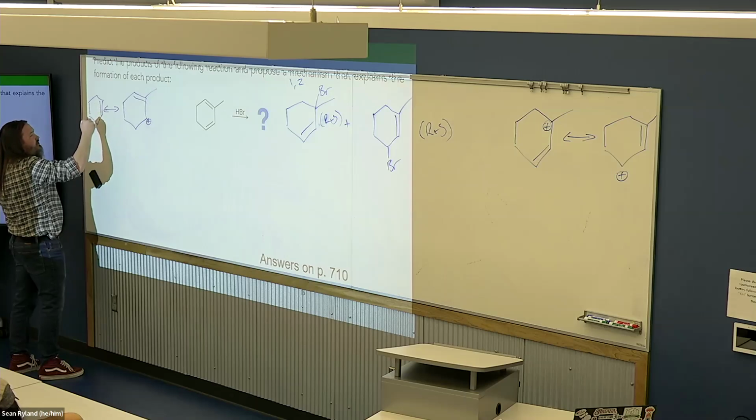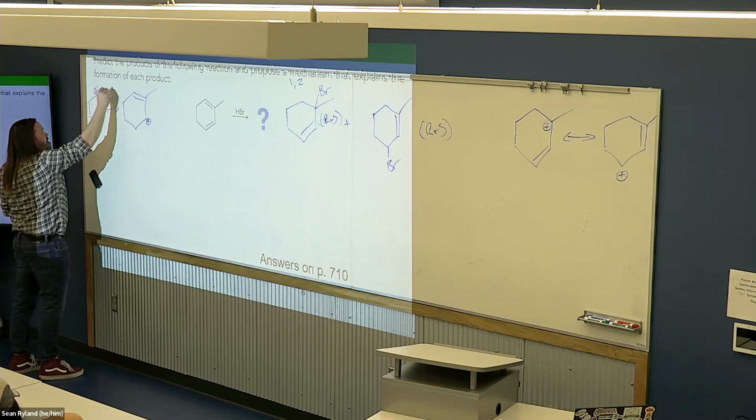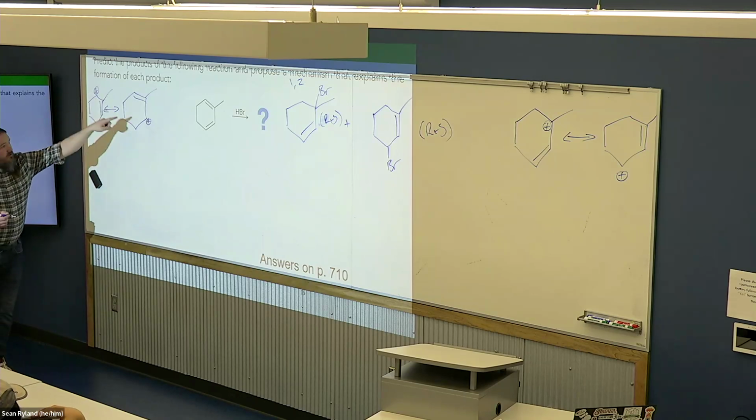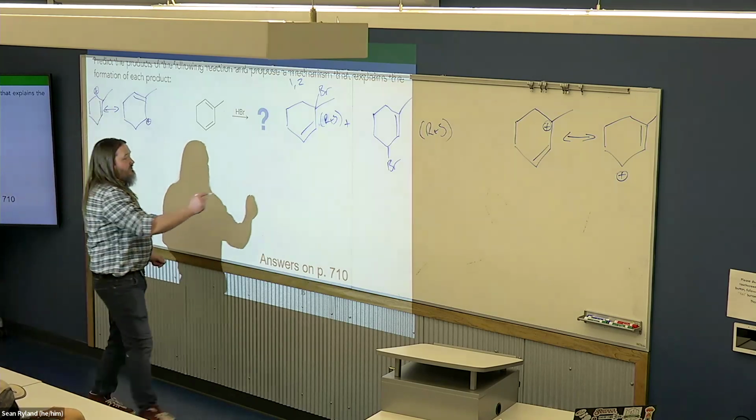And then the resonance structure would look like that. So in these resonance structures for our intermediate, any spot that has a positive charge on it is going to be an attractive target for a nucleophile, right? So we wind up adding bromide in all those positions.